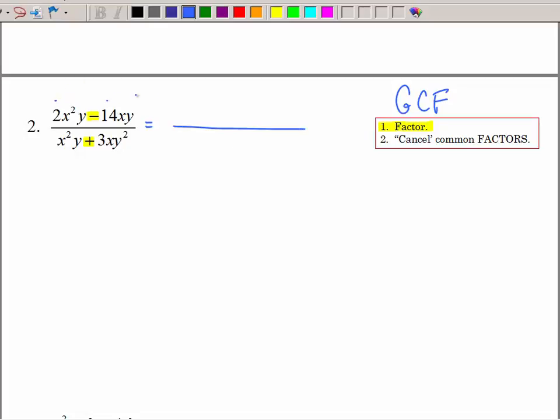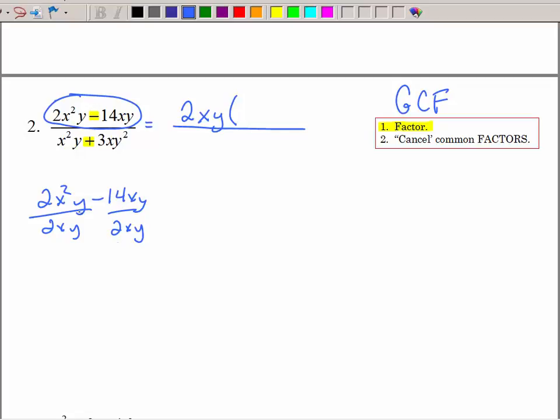Let's see, 2 and 14, they're both divisible by 2. I see an x and a y. All right, so if I took this top expression and divided them both by 2xy, and I think that's the greatest common factor, what would that leave me? So that would cancel, and that would leave me an x minus, 2 goes into 14 7 times. So that would be the factored.